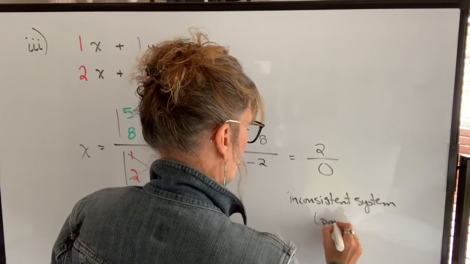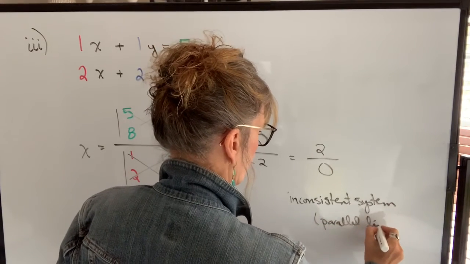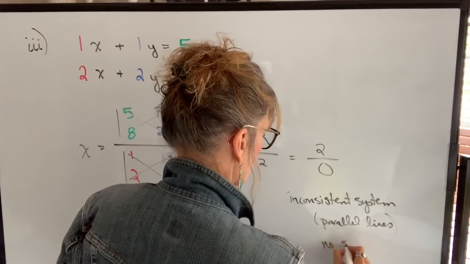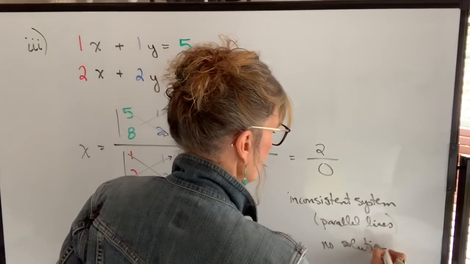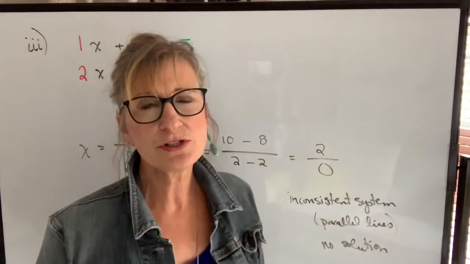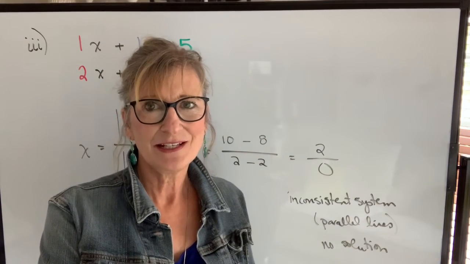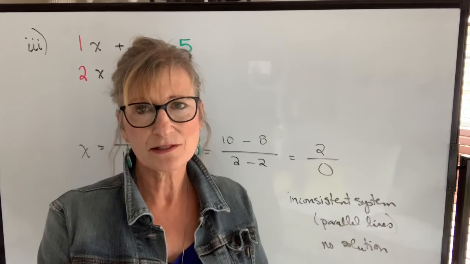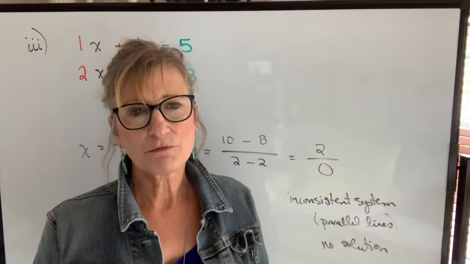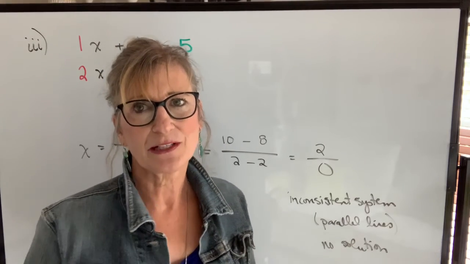Which means that they are parallel lines, which means there's no solution. So I usually evaluate the denominator first. If it's 0, I know that it's either inconsistent or dependent, and I know that I'm not going to have one solution. So it doesn't happen very often, but in case it does, be aware of what that means.